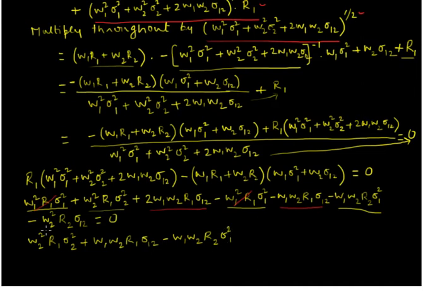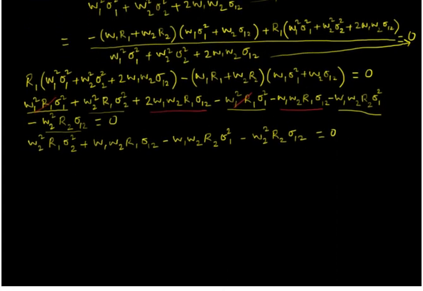And we also have this term W2 squared times R2 times covariance between 1 and 2. This is all equal to 0. Let us see what else we can do.